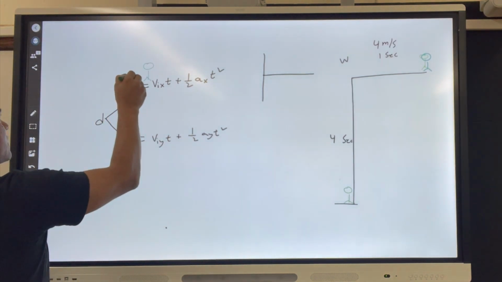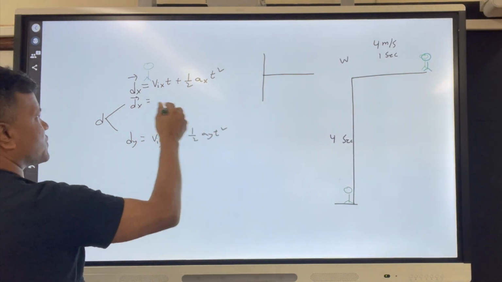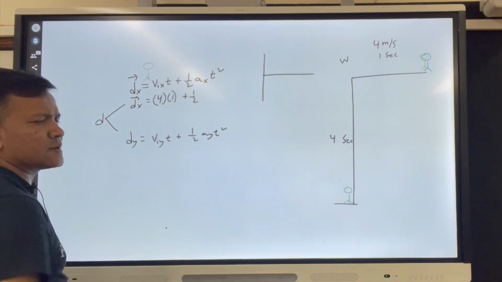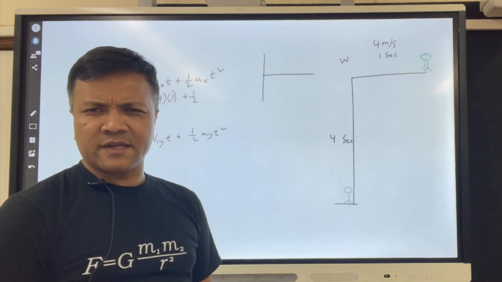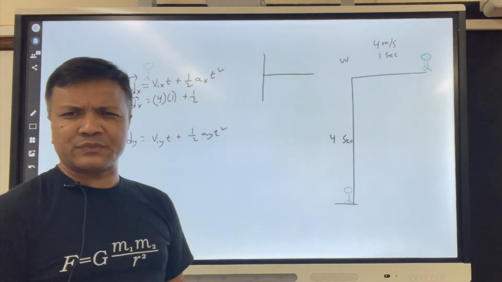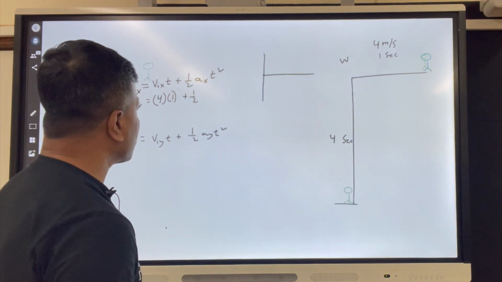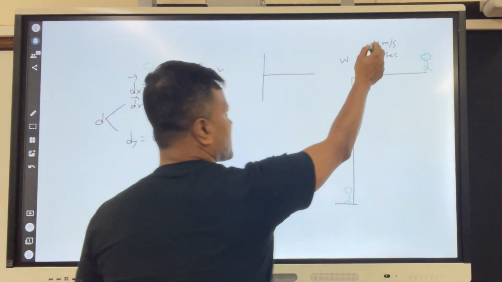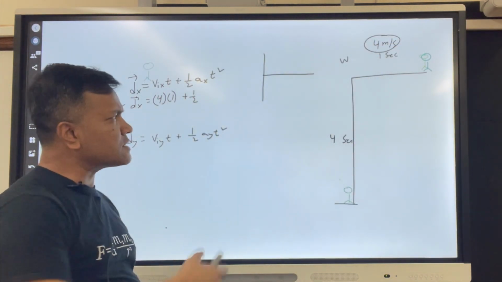So the displacement dx should be vix is 4 and t is 1 plus half, and what would be his acceleration in the x direction? Well, his acceleration is 0 because he was moving at constant velocity, 4 meters per second. What about the y direction?